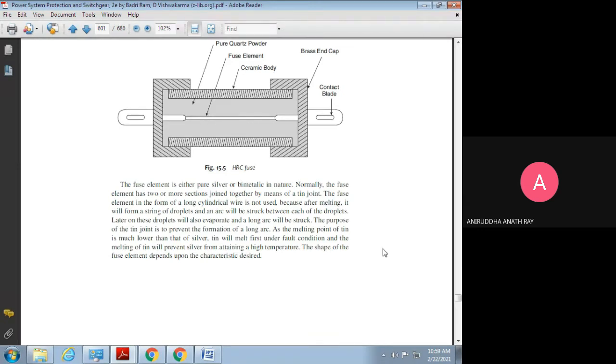The purpose of the tin joint is to prevent the formation of the long arc. That's why I told you the fuse element has two or more sections joined together by means of a tin joint.